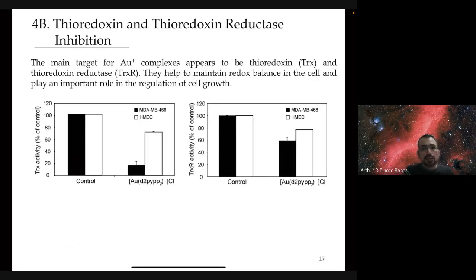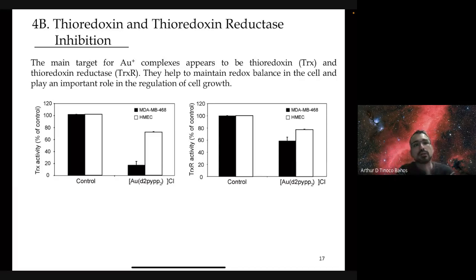All right, so that's the overall impact these compounds have on cell lines. But looking deeper, remember I talked to you about this idea of focusing on a targeted effect.